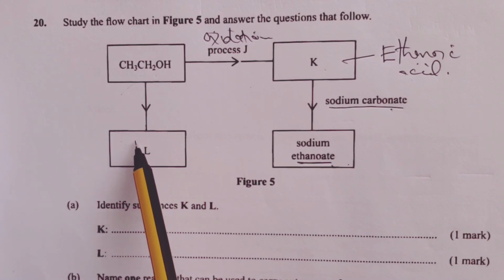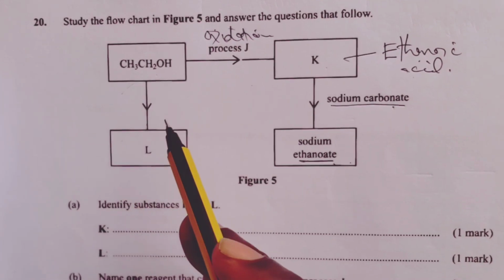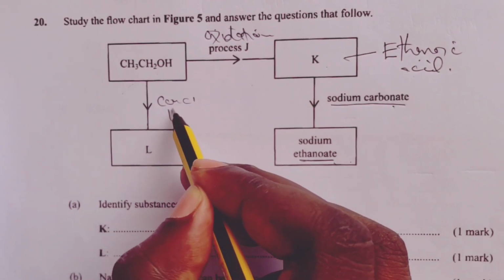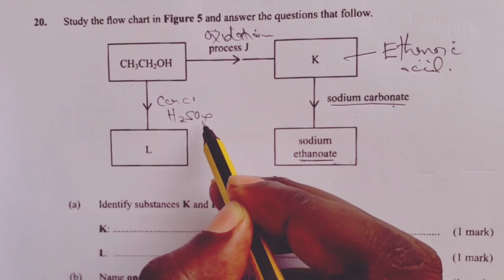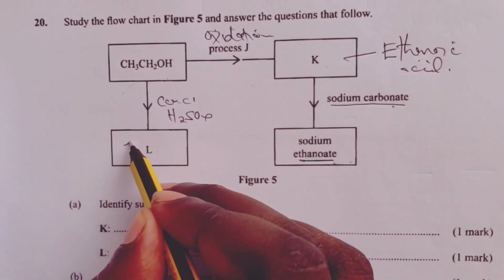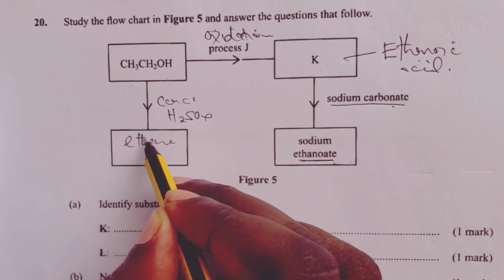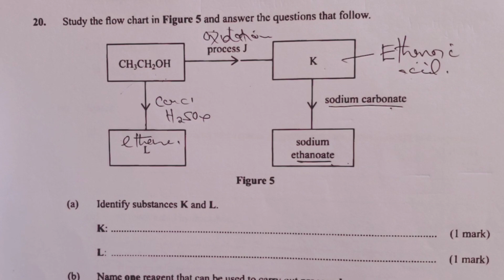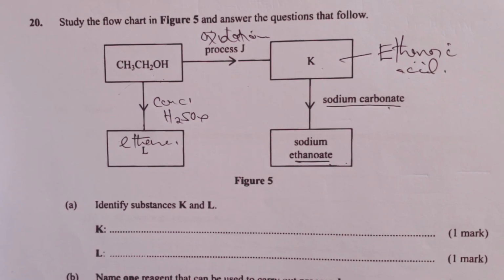So for purposes of this illustration, let's assume that here we introduce concentrated sulfuric(VI) acid to dehydrate the ethanol so that our L becomes ethene. That is something that we've just added but was not originally in the paper.